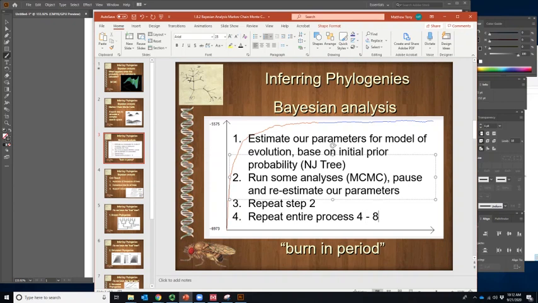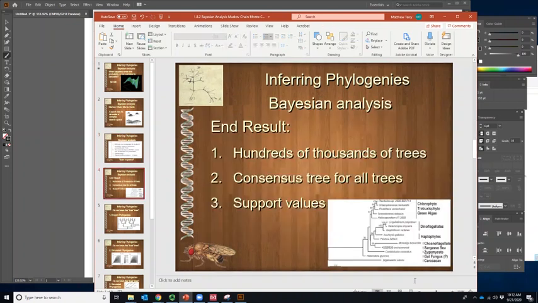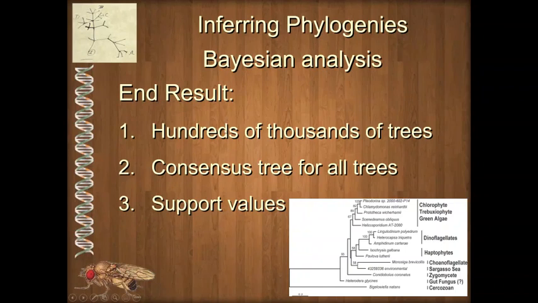So we repeat this entire process 4 to 8 times. And each of these times when we start, we're doing these random starts, we save all of these trees. So the end result is a large set of trees, hundreds of thousands of trees that we've saved that all have pretty good scores as we've looked at our entire search topology.